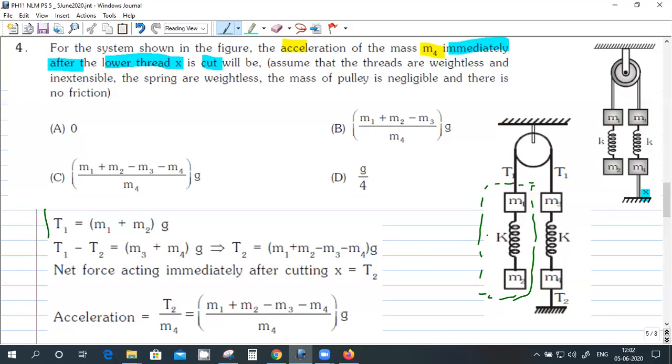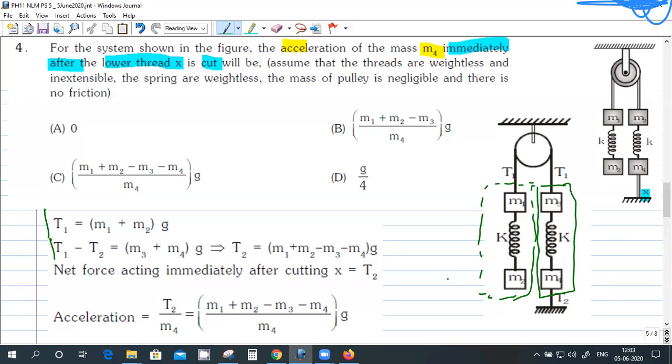This is before it is cut. Similarly, I can consider M3 and M4 as one single system and write the equation like this. Tensions T1 and T2 are different because T2 is a different string. From this I'll get T2, because T1 I'll get from the first one.